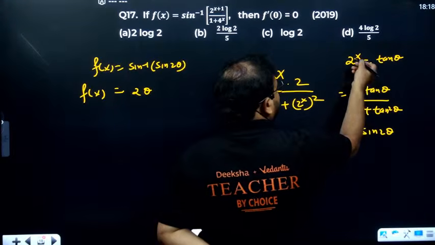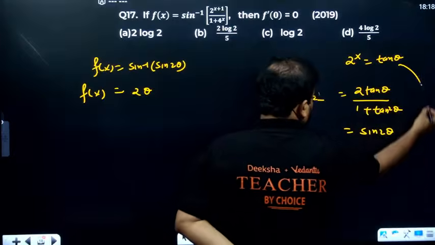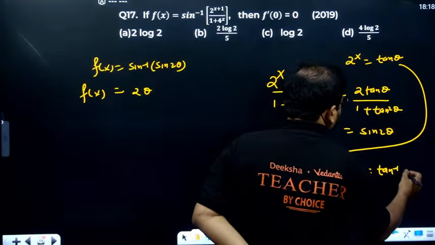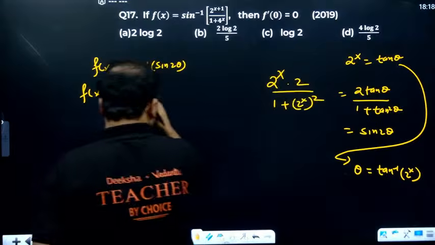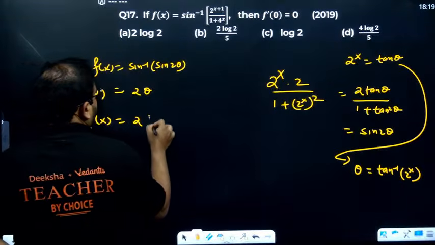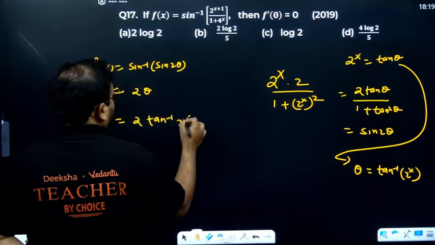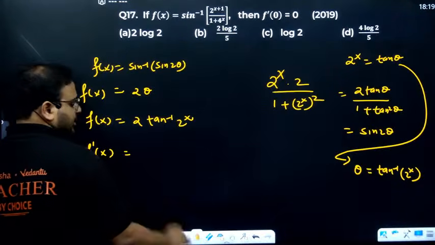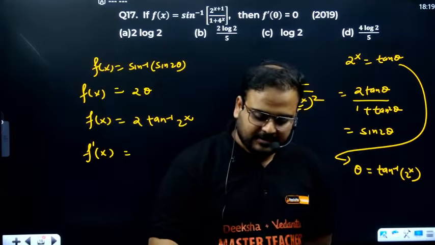If you have tan theta as 2 power x, theta becomes tan inverse of 2 power x. So f(x) now is 2 times tan inverse of 2 power x. Differentiate it, please.